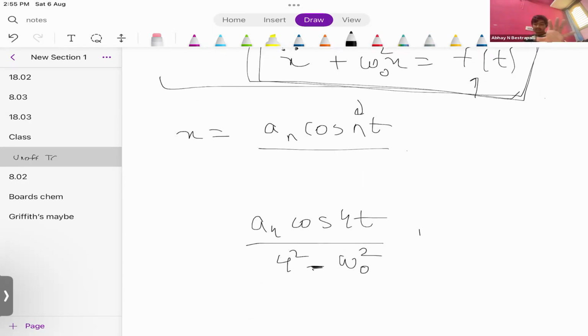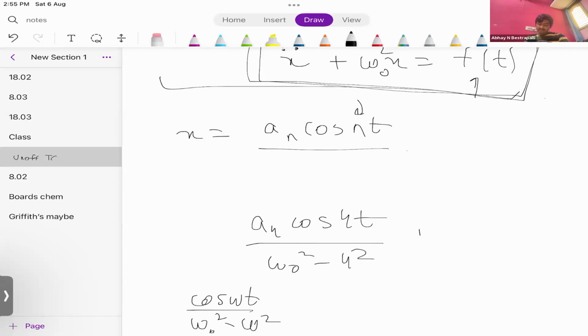This is exactly the same thing we found out when we only had one cosine term. Remember, it was cos omega t divided by omega naught squared minus omega squared. So this is actually the negative of that. Anyway, this is the solution.